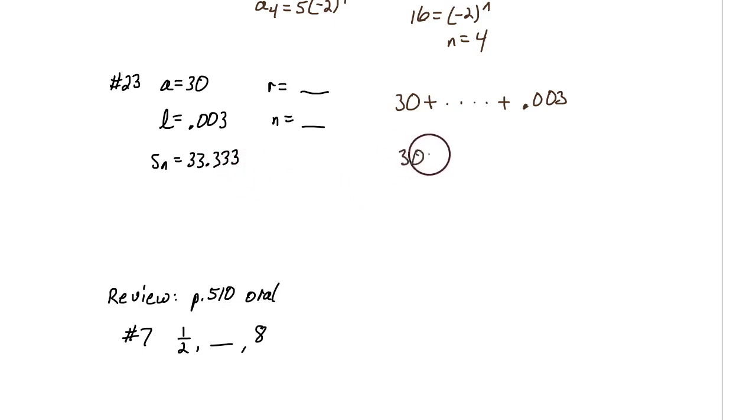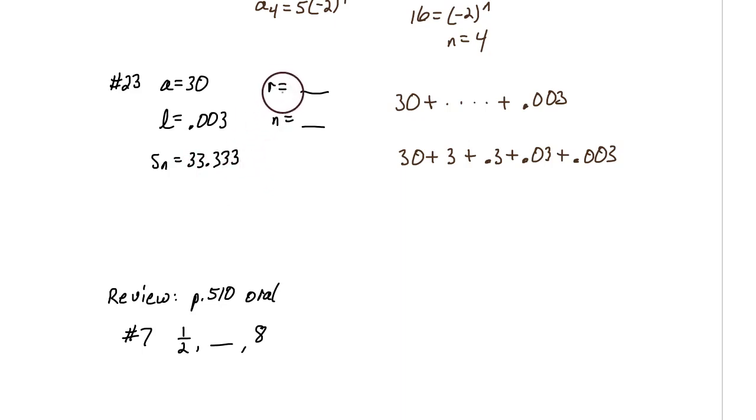Think about how you would get such an answer. That could come from 30 plus 3 plus 0.3 plus 0.03 plus 0.003. If you added those numbers together, that would build the number 33.333.